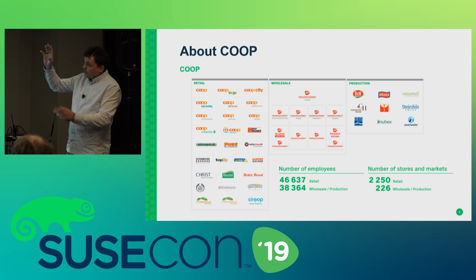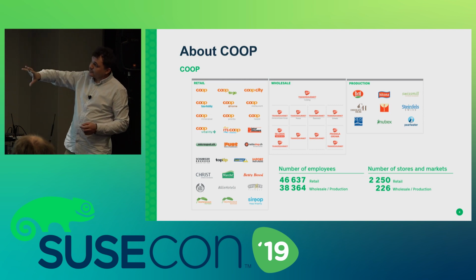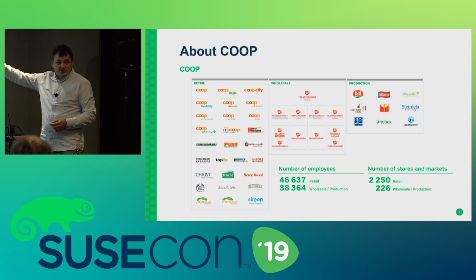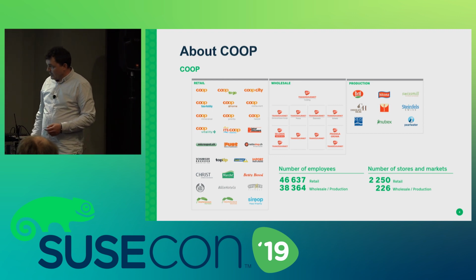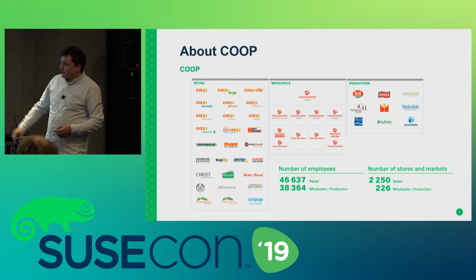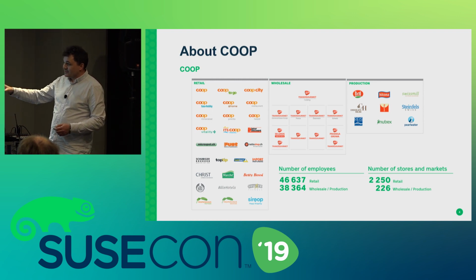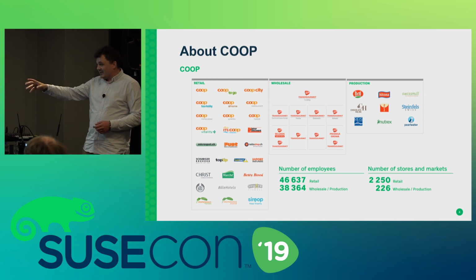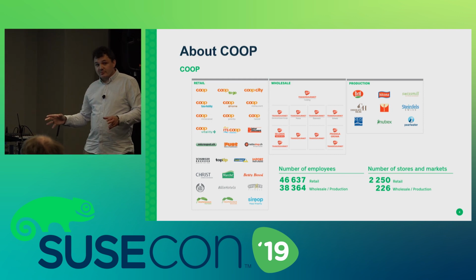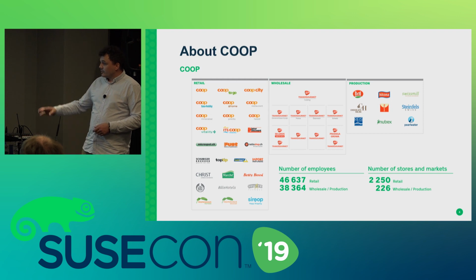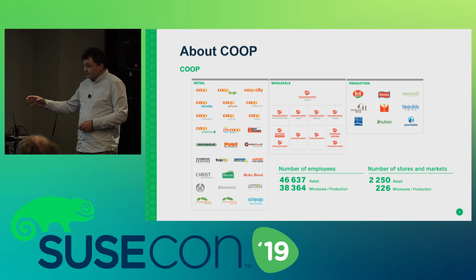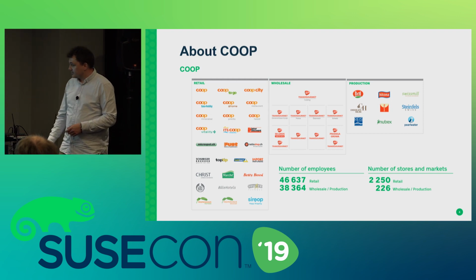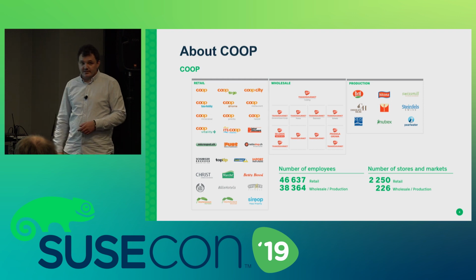In the middle you see all the wholesale; the retail is just in Switzerland, the wholesale is all across Europe, and of course we have our own production sites. We have overall about 46,000 employees in retail and another 38,000 in wholesale and production. We run 2,250 retail stores and 226 wholesale and production sites.